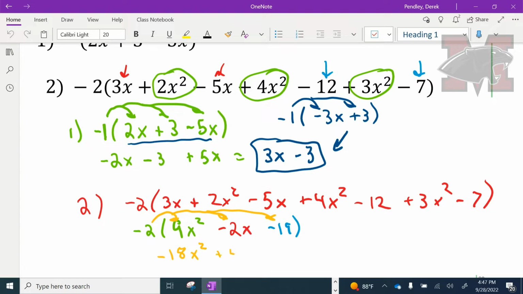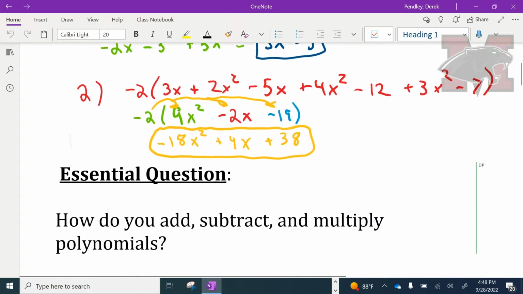And then negative 2 times negative 19 is positive 38. So this is distributed and collected in like terms. All right, so we're going to use that strategy today. Now, if you did distribute the negative 2 by everything, collect like terms, you should get the same answer. I'll spare you that expense, but you'll get the same answer.